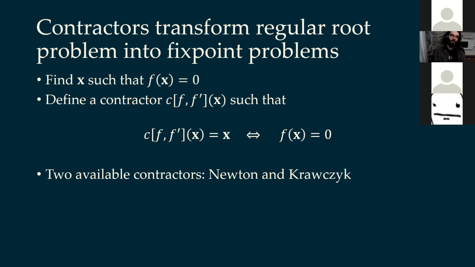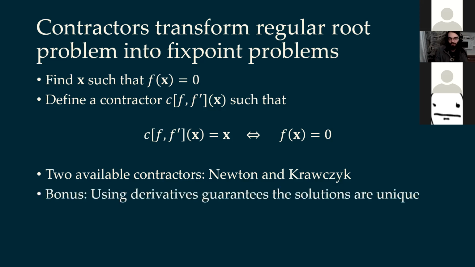One very neat thing they share is that since we are using derivatives, as a bonus, for free, we know that if we find a solution, it is unique. If we have a strict contraction, the solution must be unique. So we can say either there is no solution or there is a unique solution in the interval.